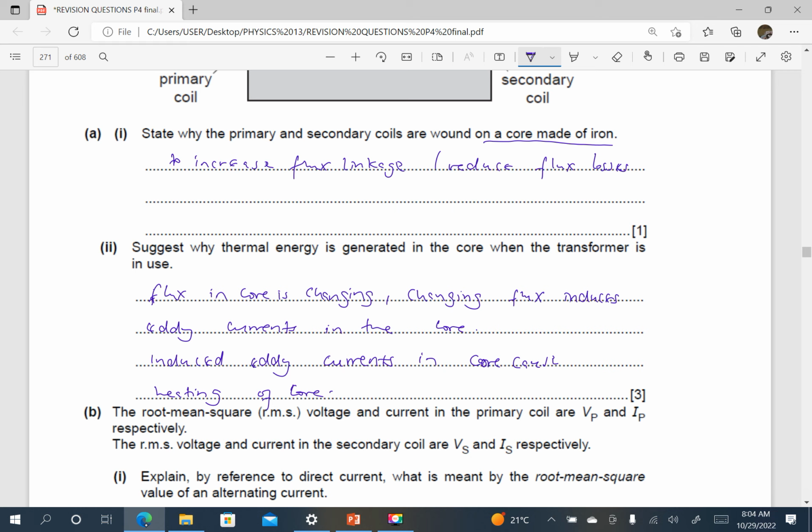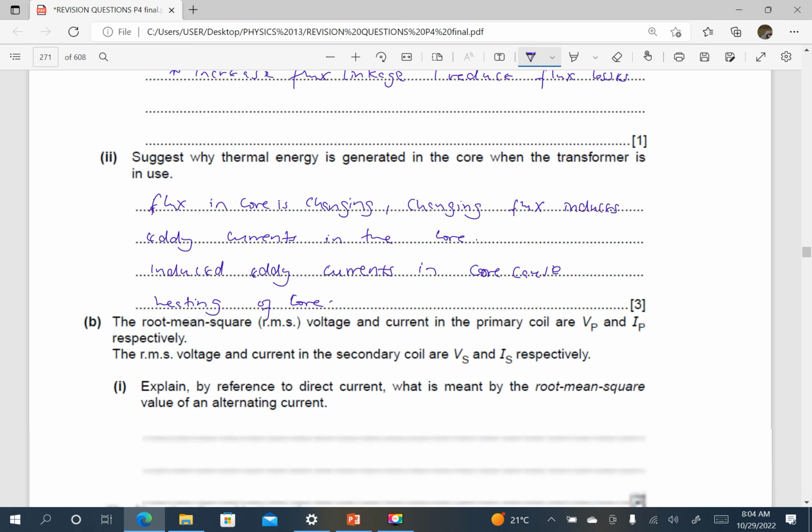So Faraday's law is showing us that because there is a changing flux in the core, there's an EMF in the core which produces eddy currents. These eddy currents are the ones which dissipate energy in the core as heat.